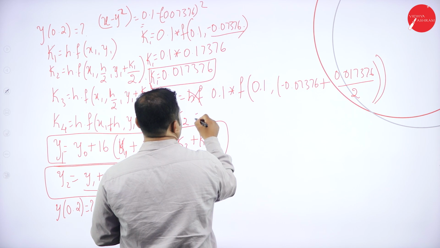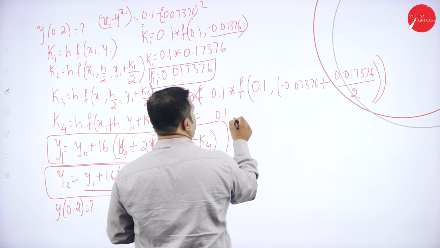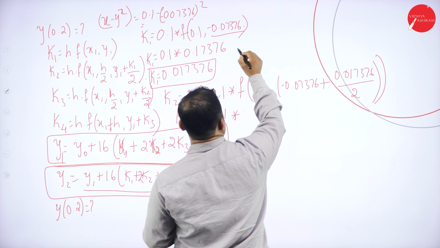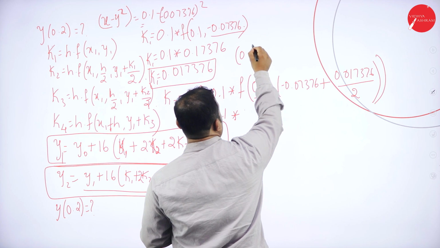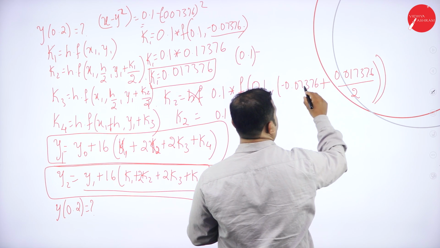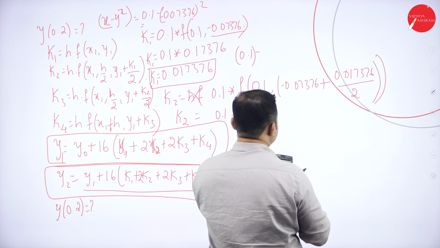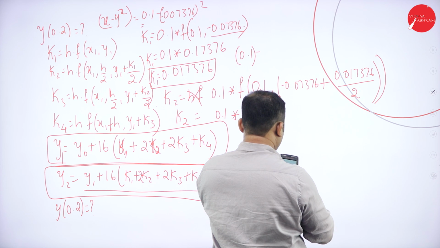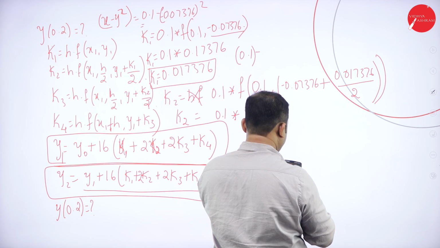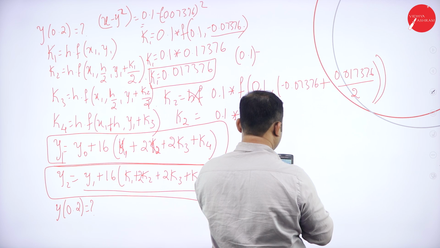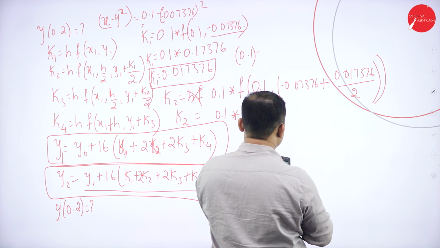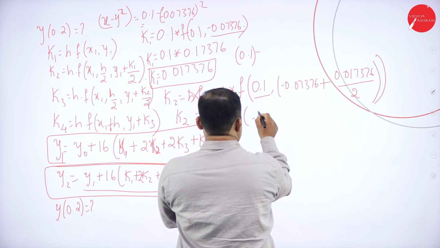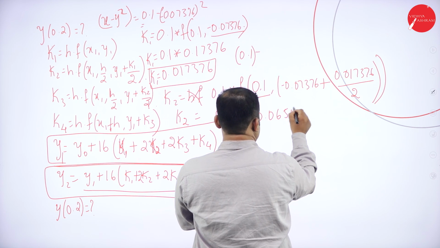That is k2 is equal to h, which is 0.1, into f of this. If I substitute this into that original equation, what is the value I'm going to get? That is 0.1 minus this term. If I simplify this term, what is the value I'm getting? That is 0.01736 divided by 2, that is equal to this term minus 0.07376, that is equal to minus 0.065072.